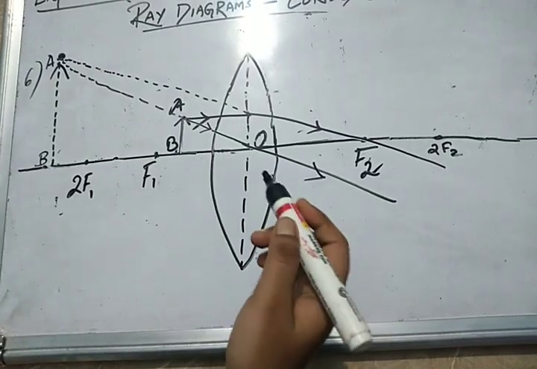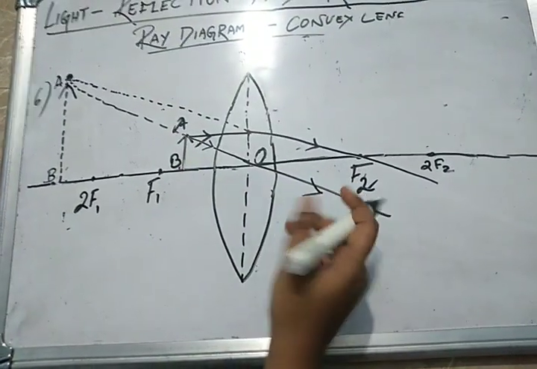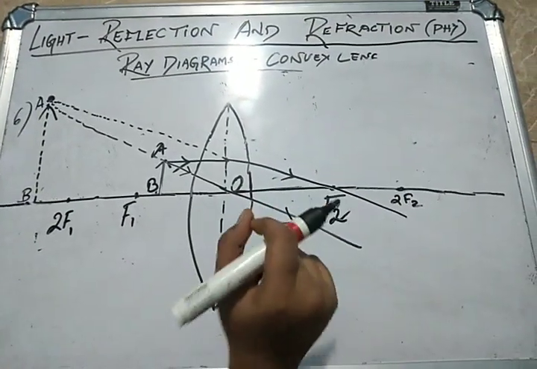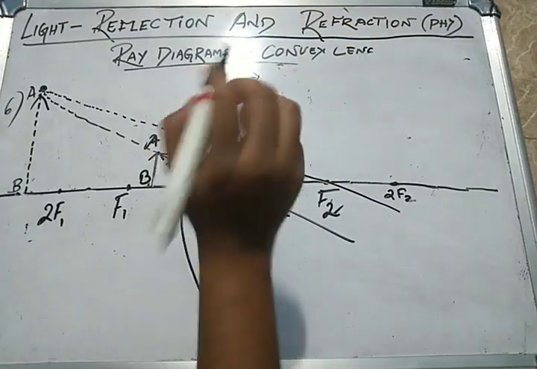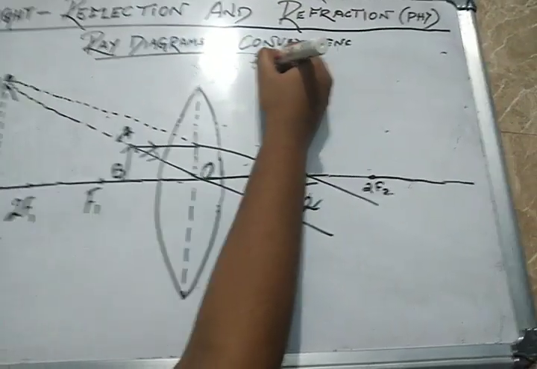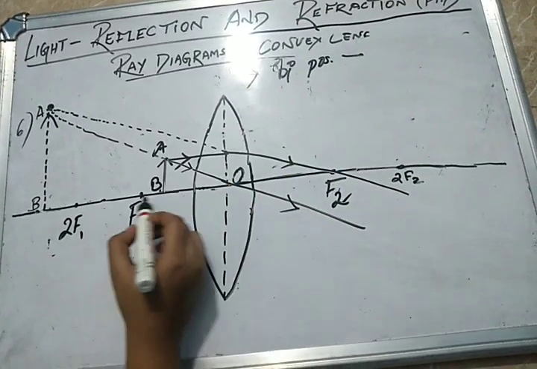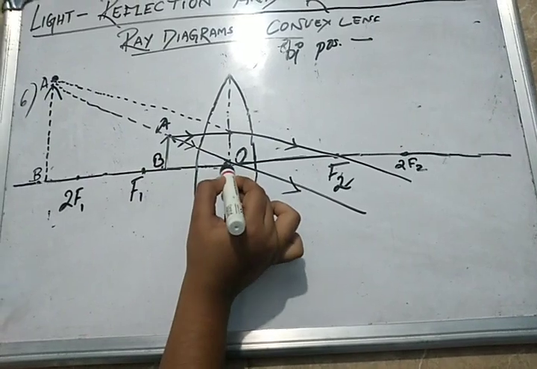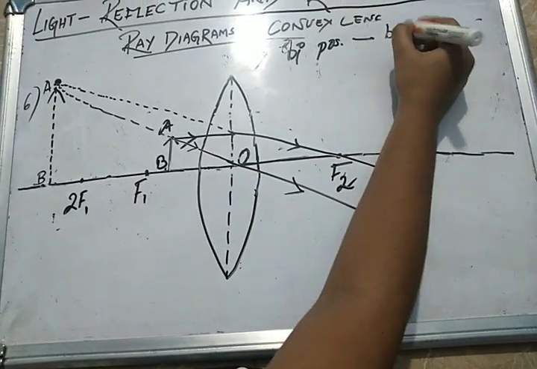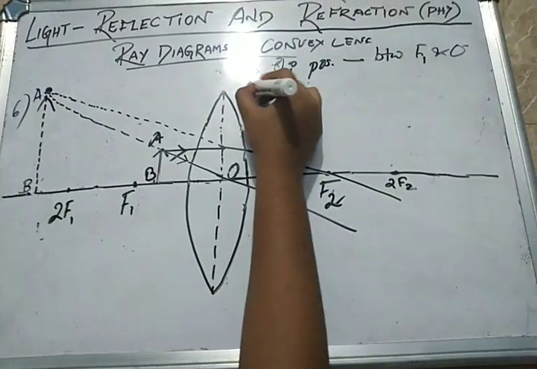Alright. This is the only different case in the ray diagrams related to convex lenses. So first point, where is the object? Object position. The object is between F1 and optical center.